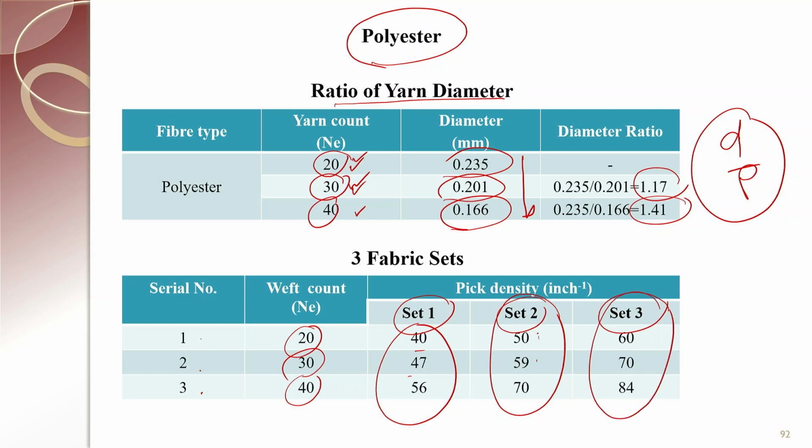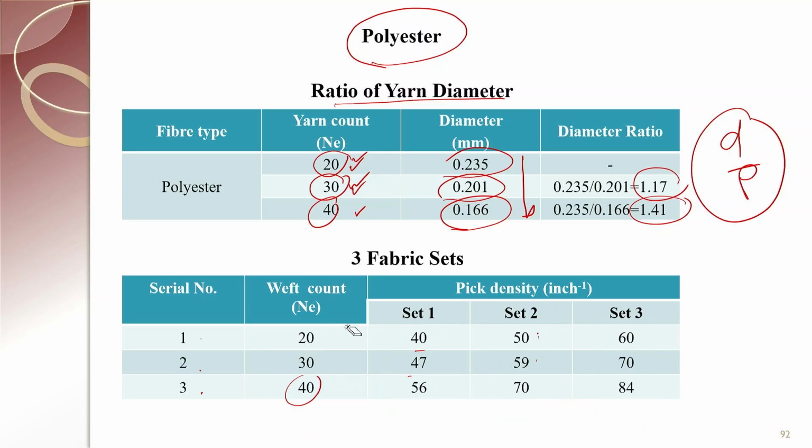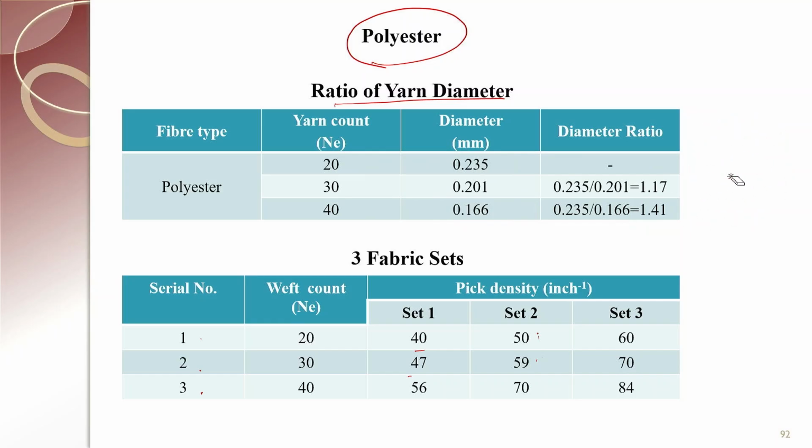Similarly, for set 3, how is it selected? Based on this diameter ratio, as we have calculated for 20s and 30s, the diameter ratio is 1.17.